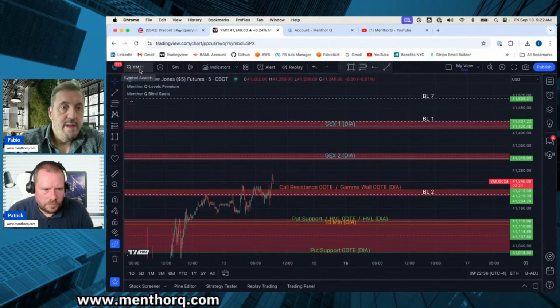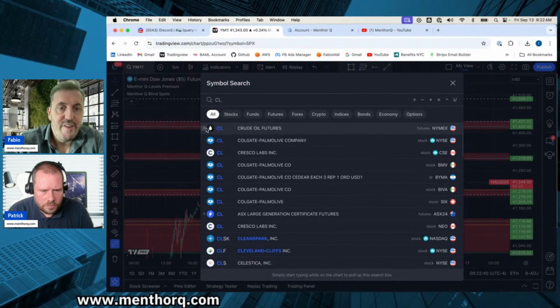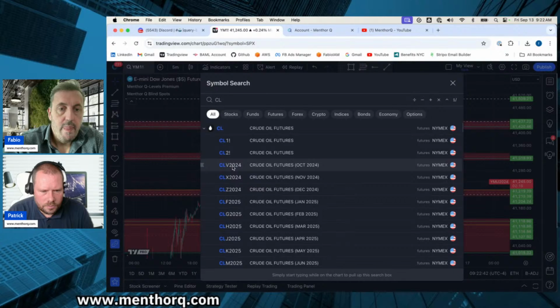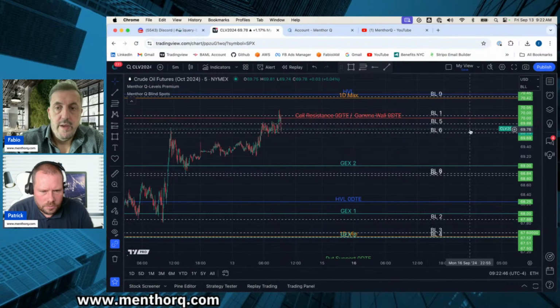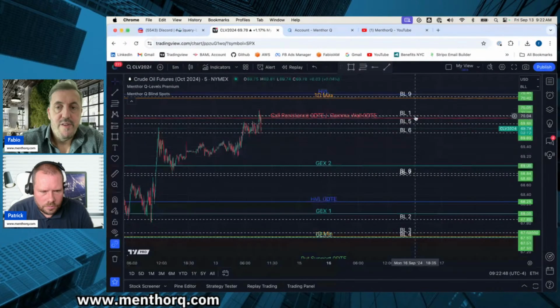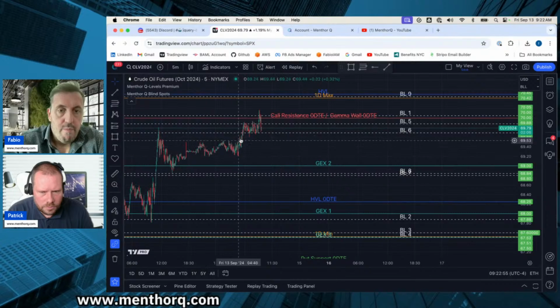Next, we have 8 minutes. CLV. So let's look at CL. Okay, here we have both our blind spot levels, which are here, and our gamma levels. As we can see, a lot of price action around this clustering area in the night.